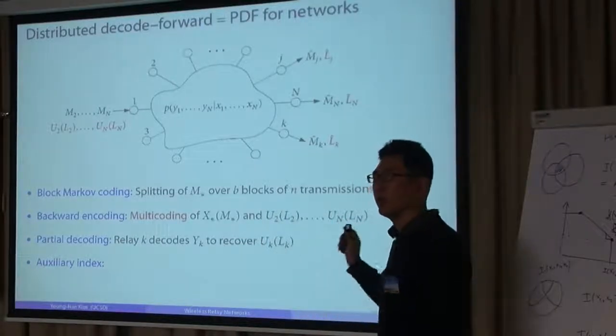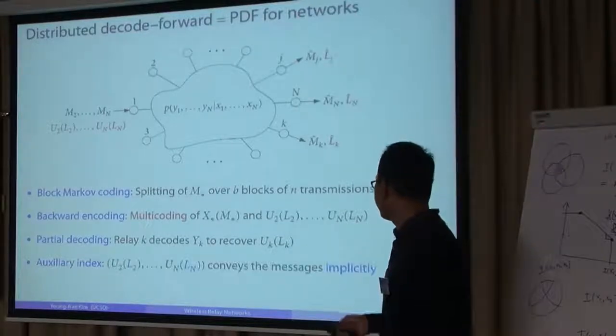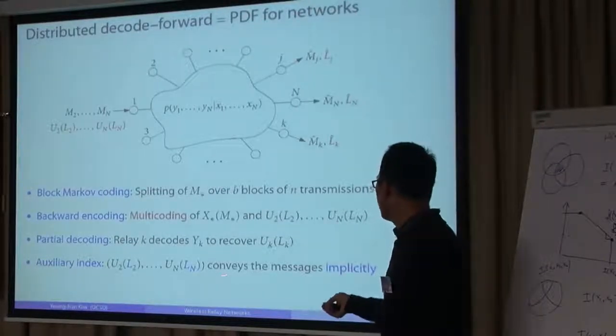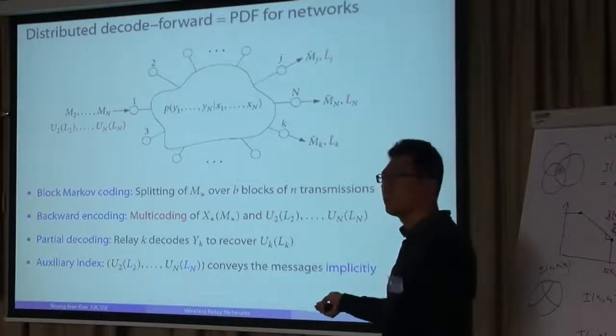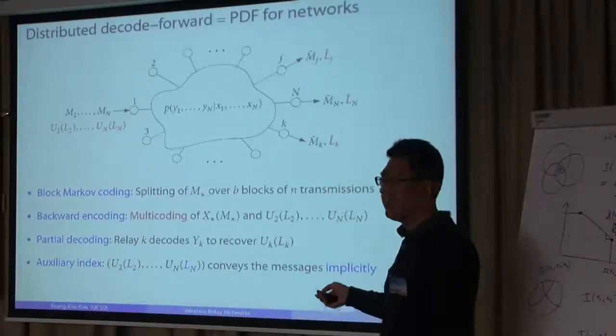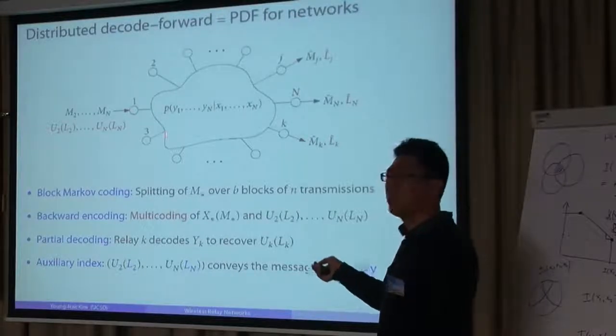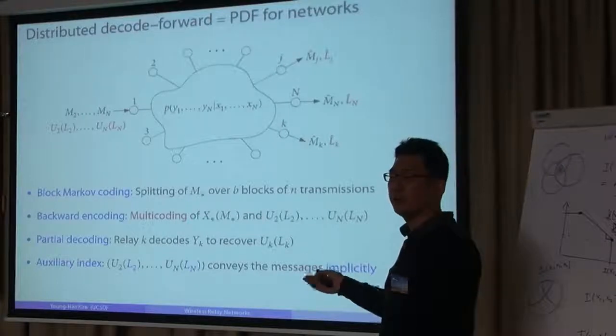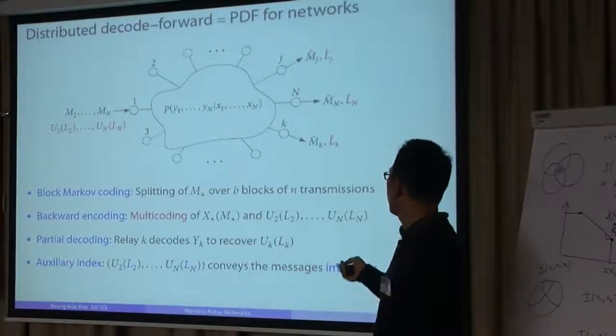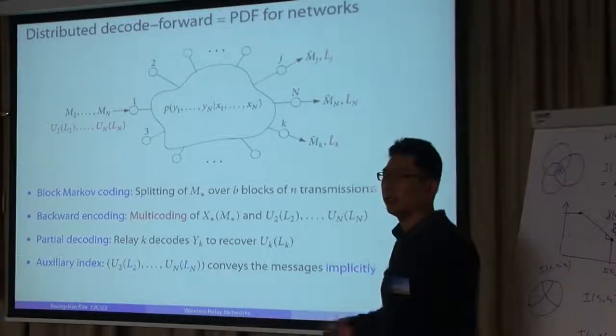That is the key idea here. These auxiliary code words are not shown to have any components of the messages we are transmitting, but since we are forcing them to be jointly typical, they are implicitly carrying some information about the messages, and that information is recovered at each of the relays.